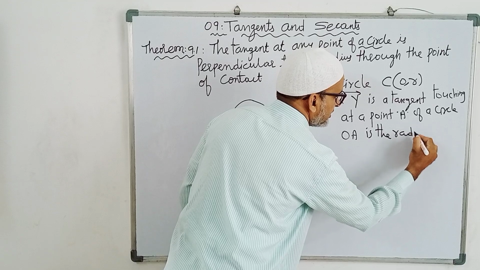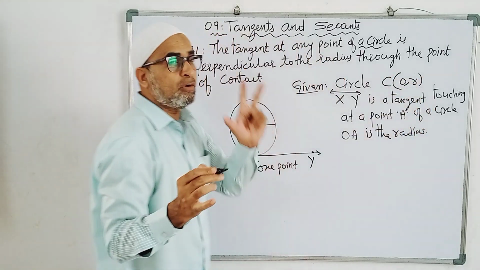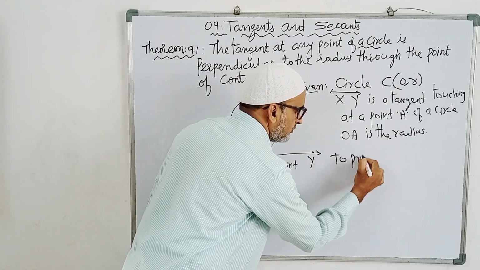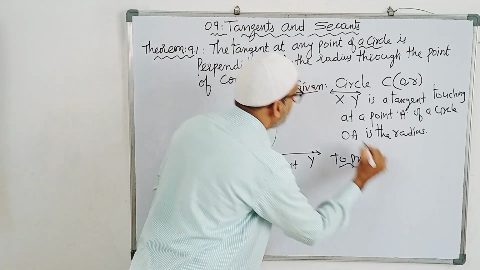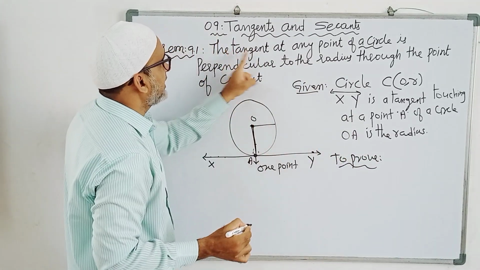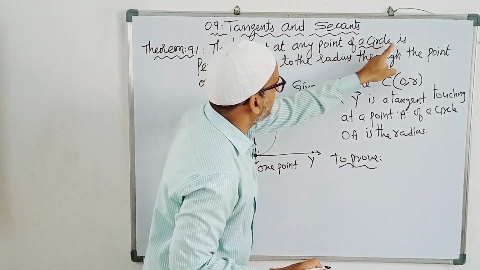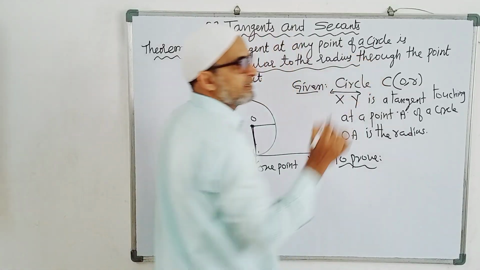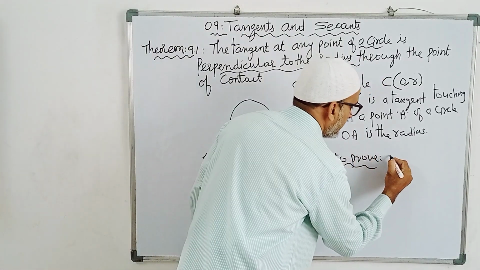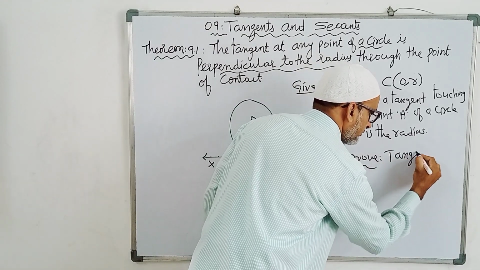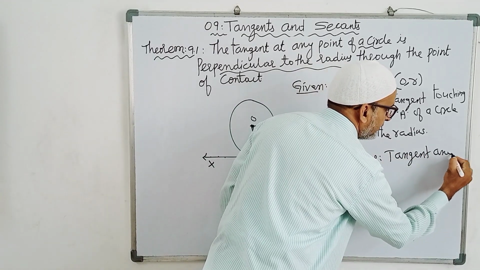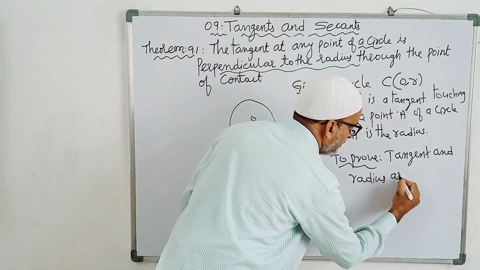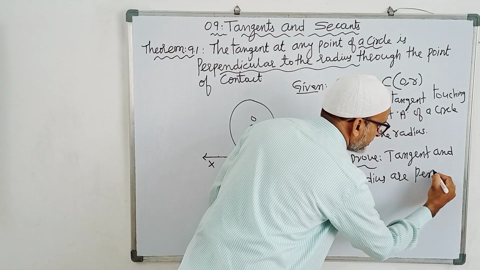These are the informations given to you. Now, what is to prove? These are all given information. What is to prove? The tangent at any point of a circle is perpendicular to the radius. Means to prove tangent and radius are perpendicular to each other.